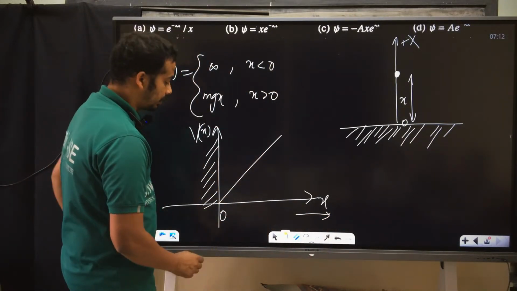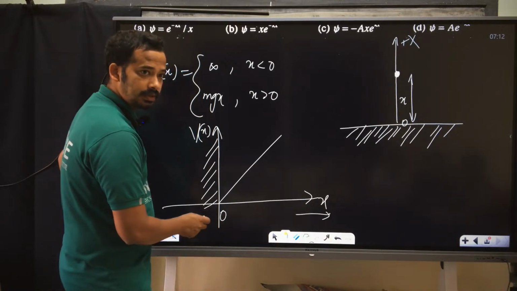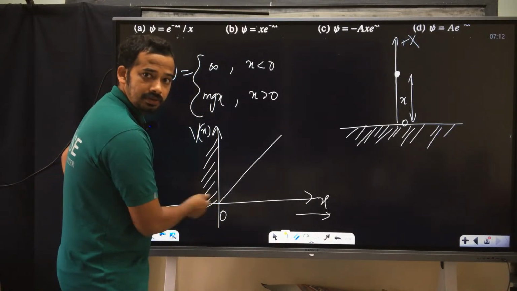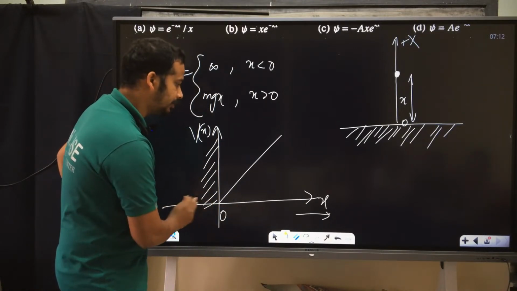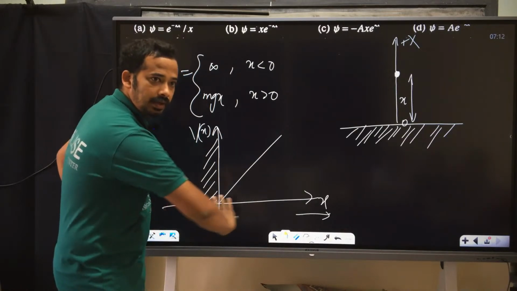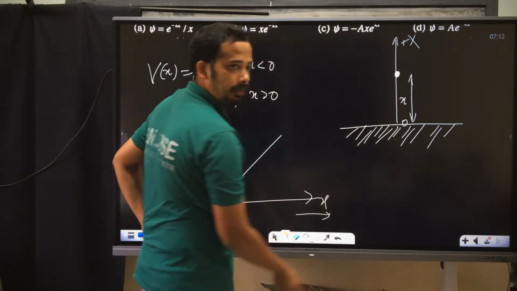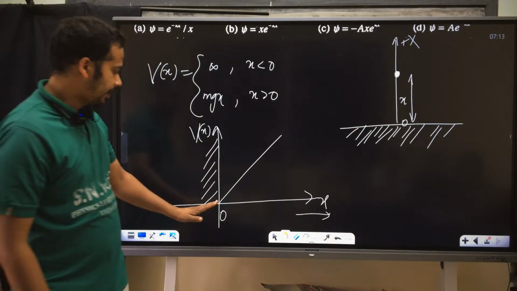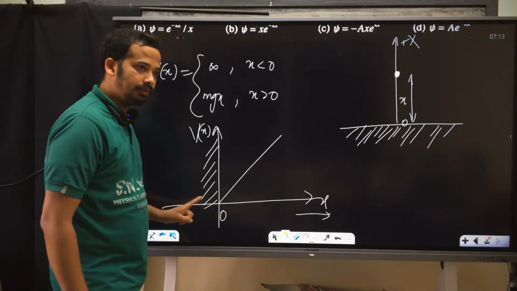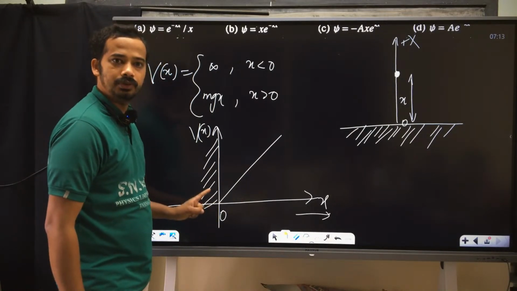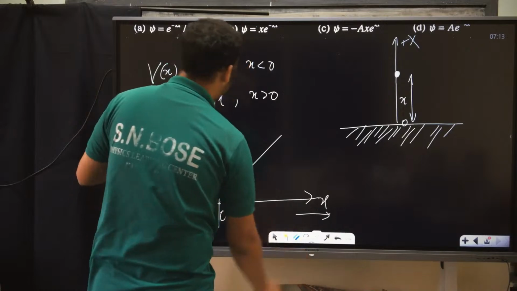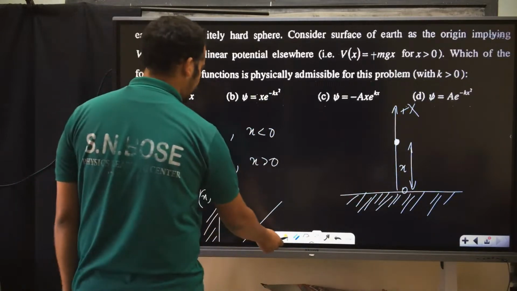Continuity of the wave function demands that the wave function is 0 in this region. The particle cannot enter. X less than 0 means inside Earth. X greater than 0 means above Earth. Then the particle cannot enter here. Wave function should be 0. That's why the wave function should be 0 at x equal to 0.